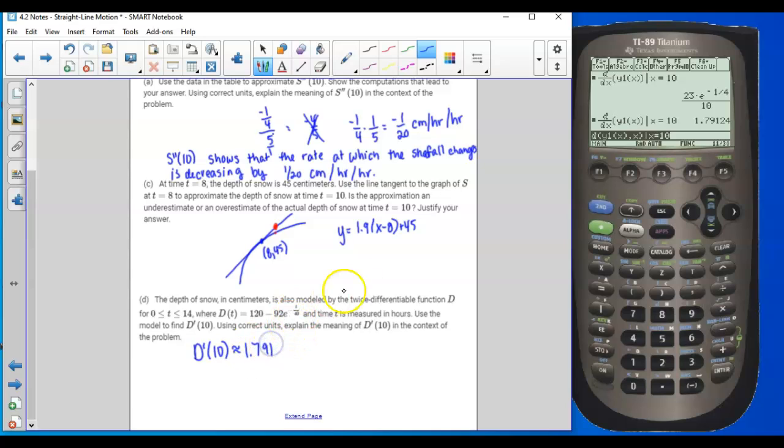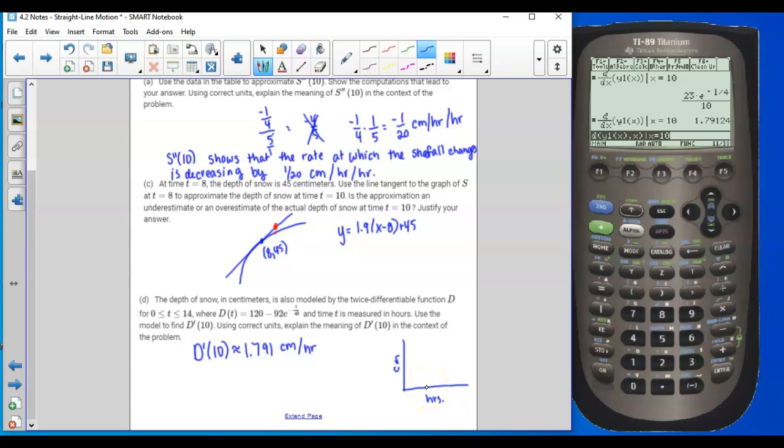And if we think about our units here, D gives us the depth of the snow in centimeters, and the time is measured in hours. So we would have hours on our x-axis and centimeters on our y-axis. So our derivative is going to have the units of centimeters per hour, always your unit for y divided by your unit for x.